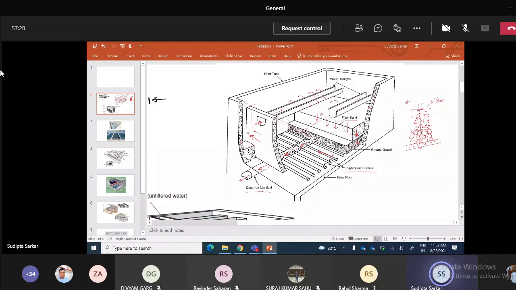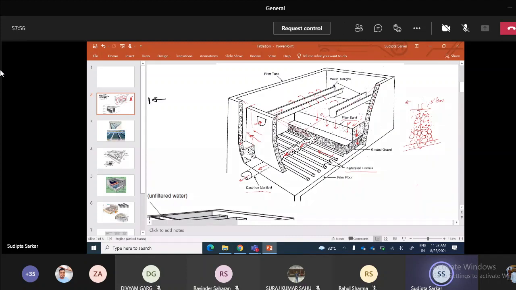Okay, so all this dirt or particles get collected over the sand bed, and as the particles get collected, the gaps between the sand get smaller and smaller, and we call it the sand bed is getting choked.